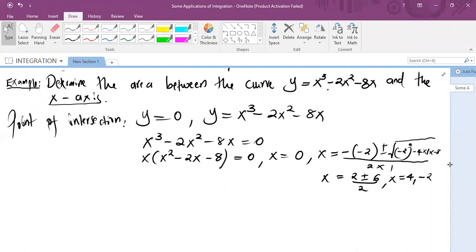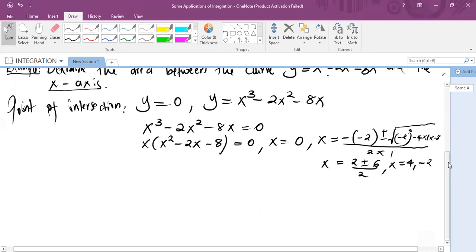So having known the points of intersection, we can have a rough sketch. So let's have a rough sketch of that. We have x is equal to 0 as one of the points of intersection.